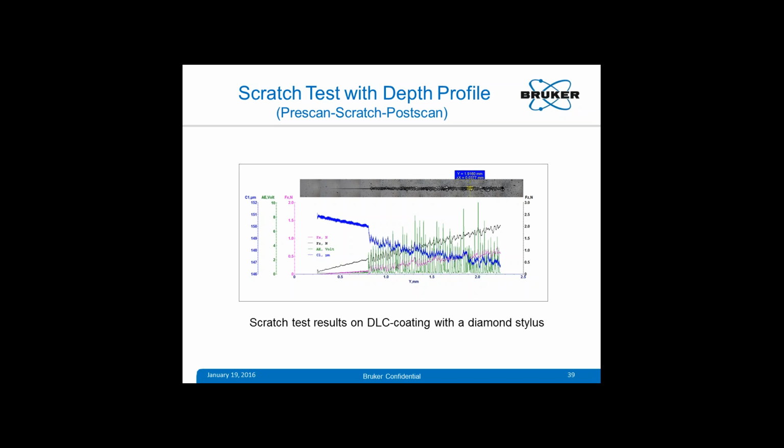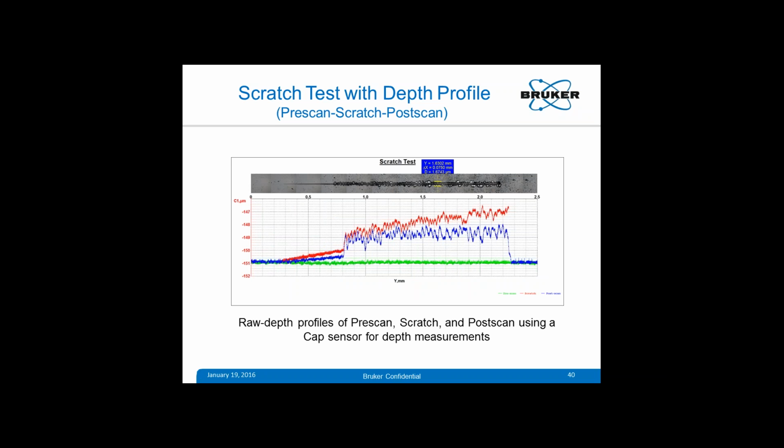These data, when processed for depth profile, this is the raw data of the depth profile. There are 3 lines, one for pre-scan, scratch, and post-scan. This is raw data, meaning we didn't take care of the specimen tilt and the specimen's initial profile.